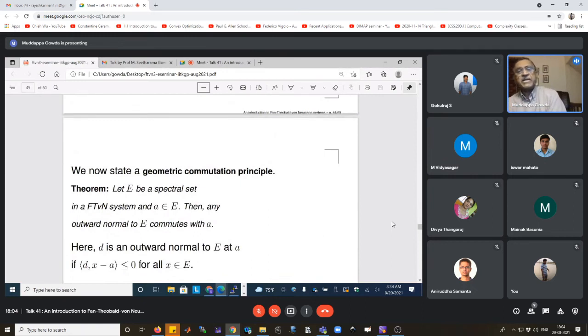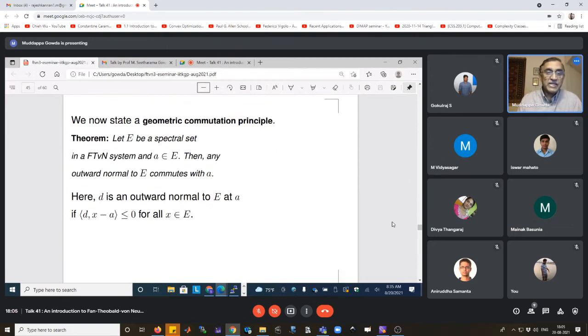Here is a very simple geometric commutation principle. If E is a spectral set in an FTVN system, and if A is an object in E, then any outward normal to E at A commutes with A. This is a very simple geometric commutation principle, and the definition of an outward normal to E at A is given.